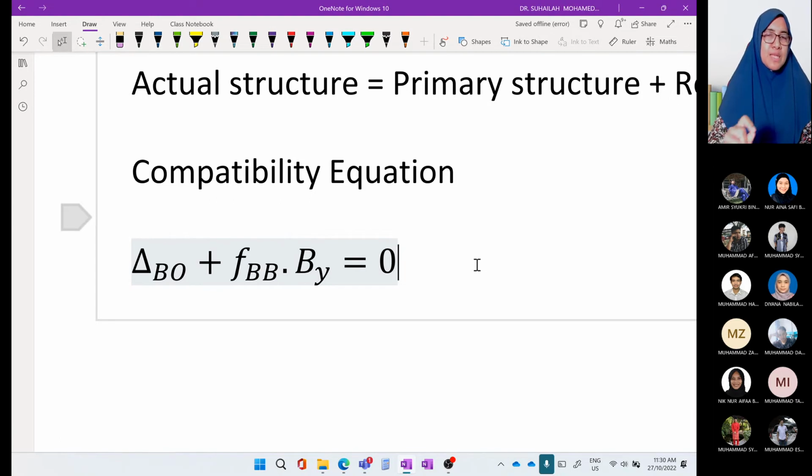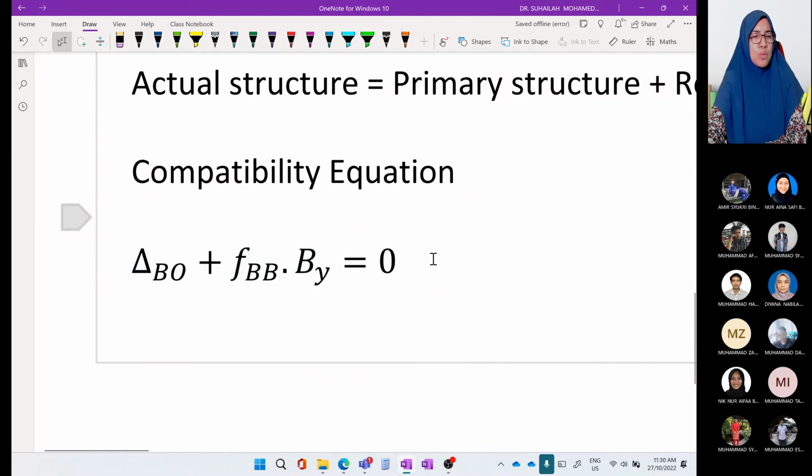For example, if C is the redundant, it becomes delta C naught plus FCC times CY. If D is the redundant, it becomes delta D naught plus FDD times DY. If MA is the redundant, we change to theta A naught plus FAA times MA equal to 0. Okay, so now we focus on this first.